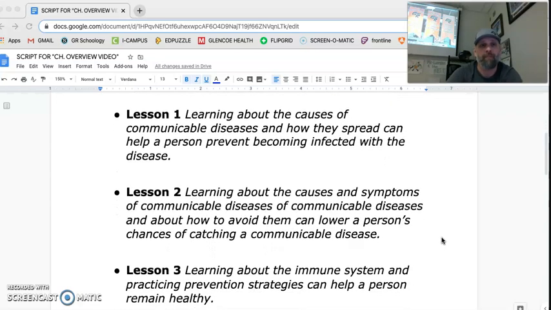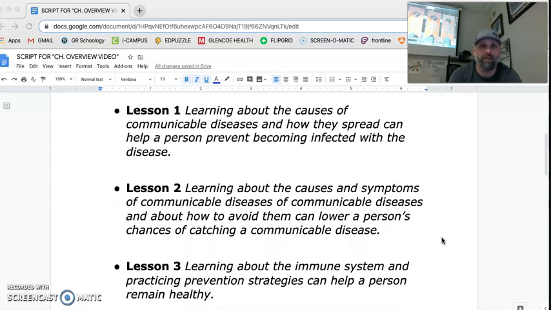So lesson 1, we're going to learn about the causes of communicable diseases and how they spread, and how knowing the spread can help a person prevent becoming infected with the disease. So we will discuss how they spread, but more so how we can protect ourselves. We'll have a lot in that area as well.